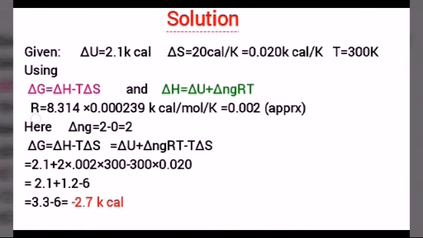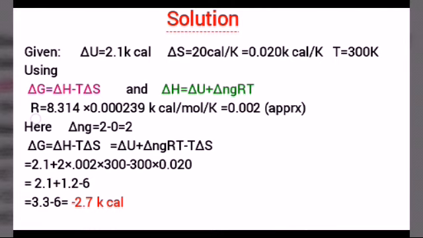First of all, you have to write down the values given and then convert the units into the desired form. Answer is given in kilocalorie, so we have to convert the units into kilocalorie. I am converting delta S into kilocalorie by dividing it by 1000. It is giving 0.020 kilocalorie per Kelvin.